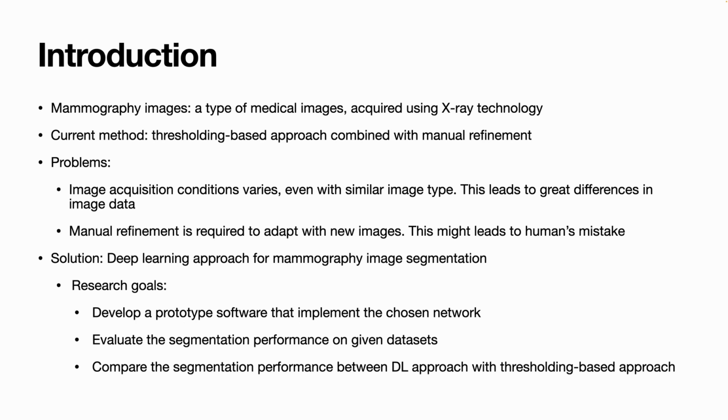To adapt to a new image, effort must be made. The manual refinement step is often required to improve the segmentation accuracy for newly acquired images. It is suggested that applying a deep learning approach could solve these major problems of the current method.